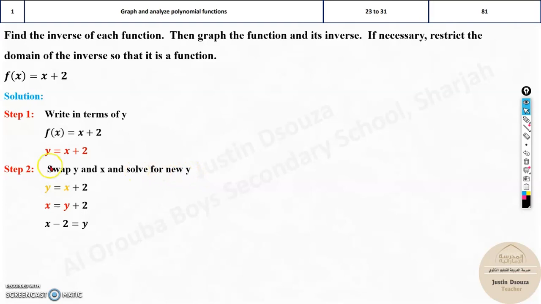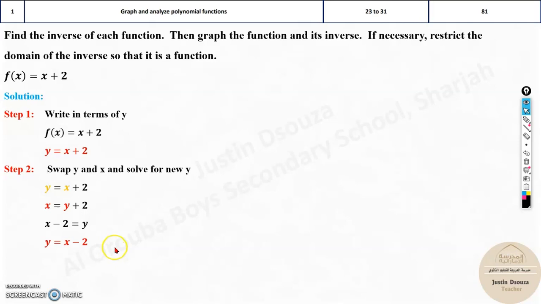This is the important thing in the same step. Swap and solve for new y means keep y on one side, take everything else to the other side. So y, let it be positive, take this 2 to the other side, it becomes x minus 2. So y equals x minus 2. Okay, now it's y equals x minus 2.